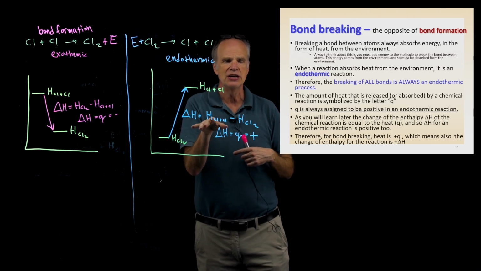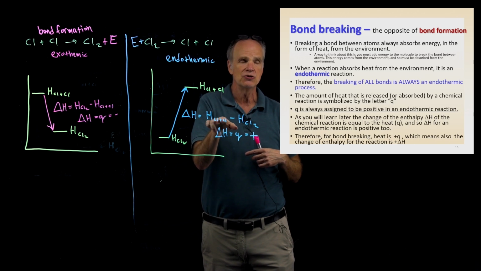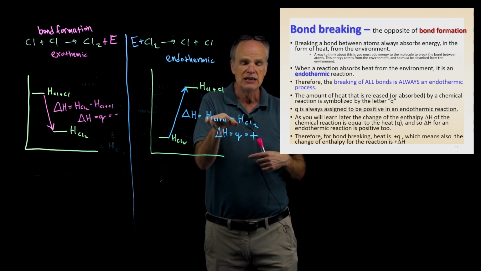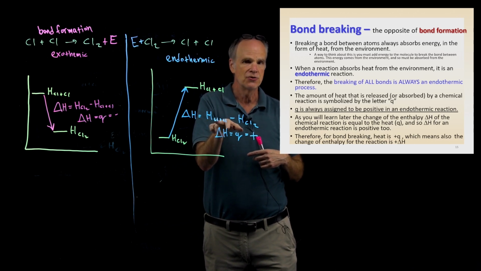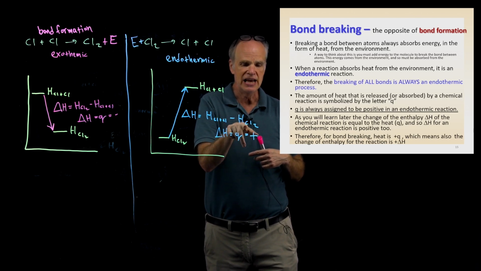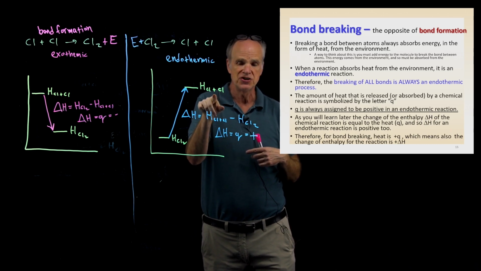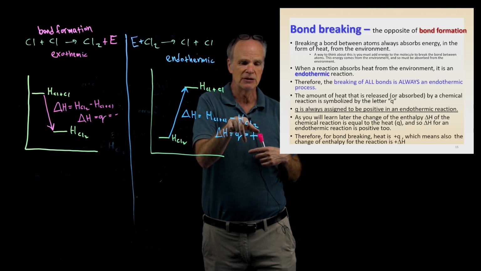And so you can actually do a calculation for the change of enthalpy. It is still going to be the enthalpy of the products, which are now the free atoms, minus the enthalpy of the reactant, which is the molecule. But this time, because the atoms, the products, have so much energy, this is a larger number than the reactant, the diatomic molecule.